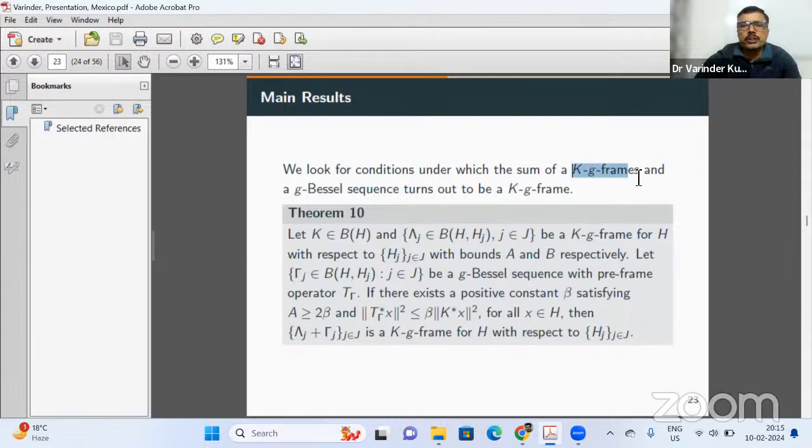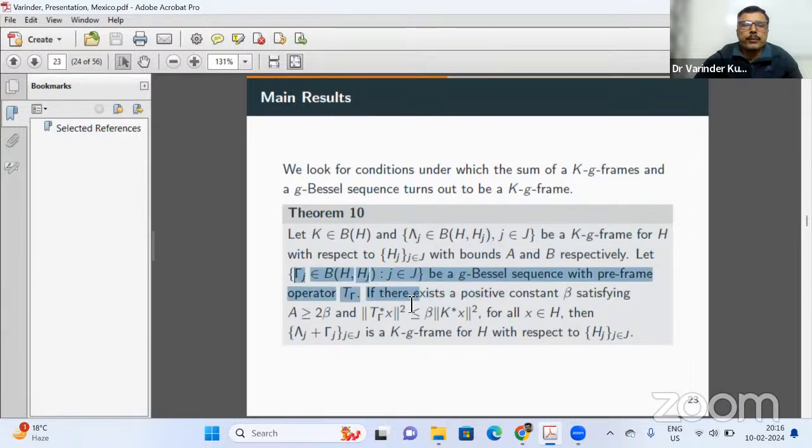So first we have proved the condition under which a sum of a Kg frame and a G Bessel sequence will be a Kg frame. And then our main question will turn out to be a corollary of this result. So K is the same bounded operator, lambda j is a Kg frame, and I have taken gamma j to be a G Bessel sequence.